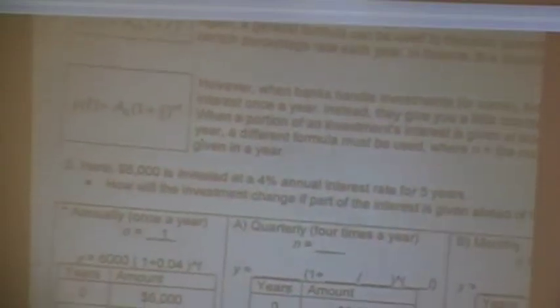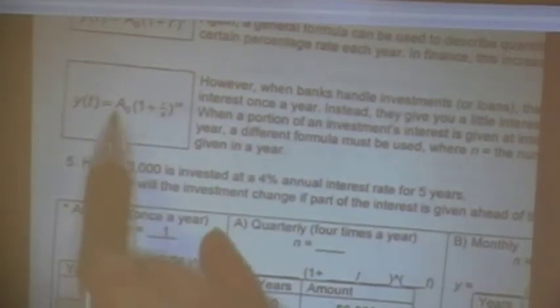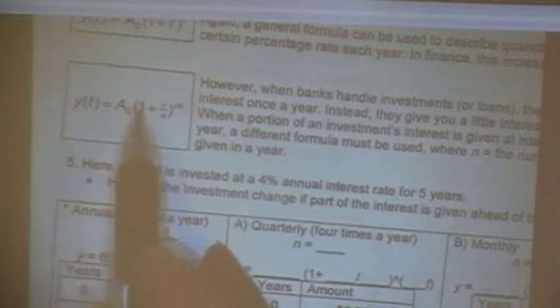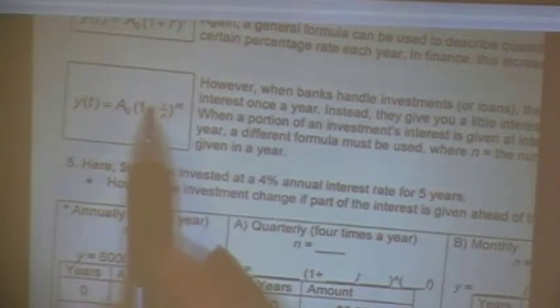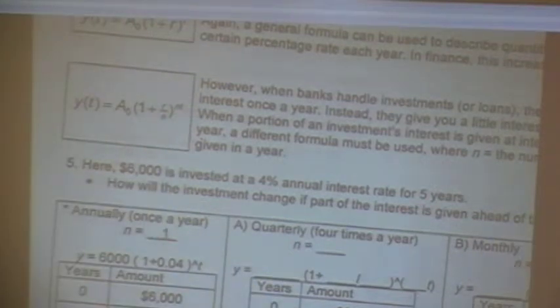If you look over here on the left-hand side, it's essentially the same formula. A0 being the original amount, 1 plus R divided by N. That N represents the number of times in a year that they're going to pay you interest. They might do it quarterly, monthly, weekly, or even semi-annually, which would be twice a year.